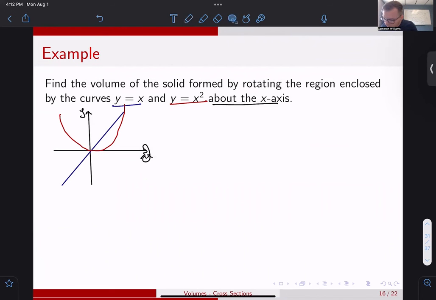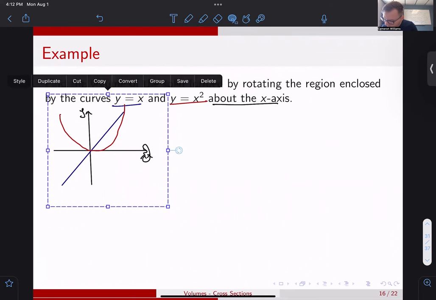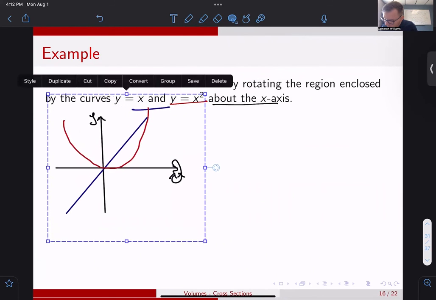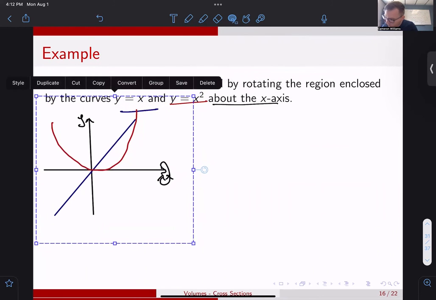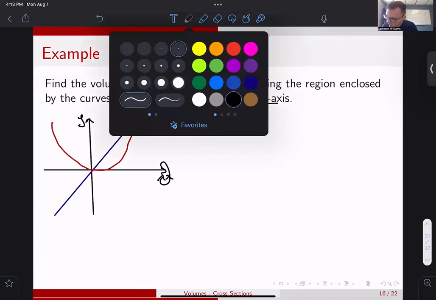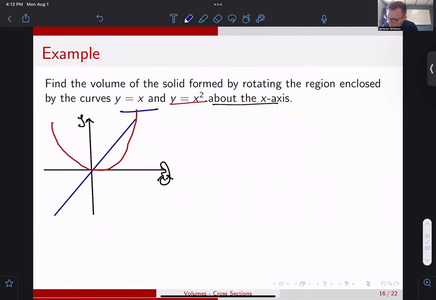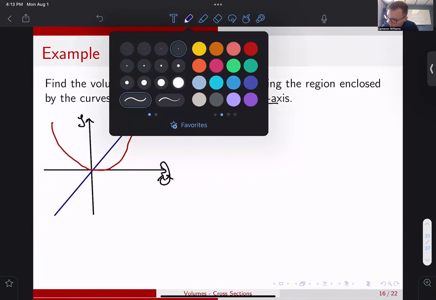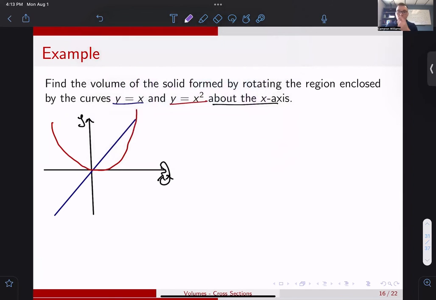And I'm actually going to scale this up a little bit, that way my drawing comes out a little bit better.